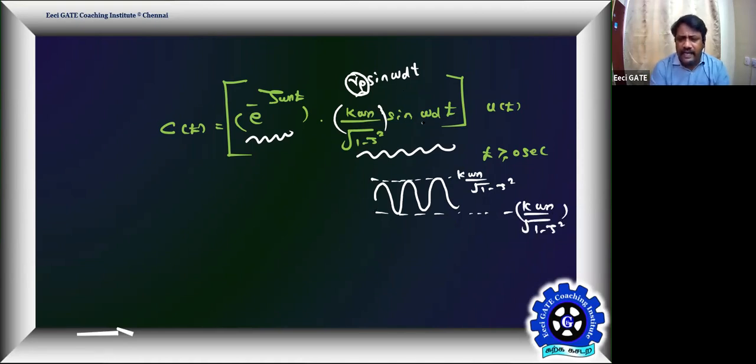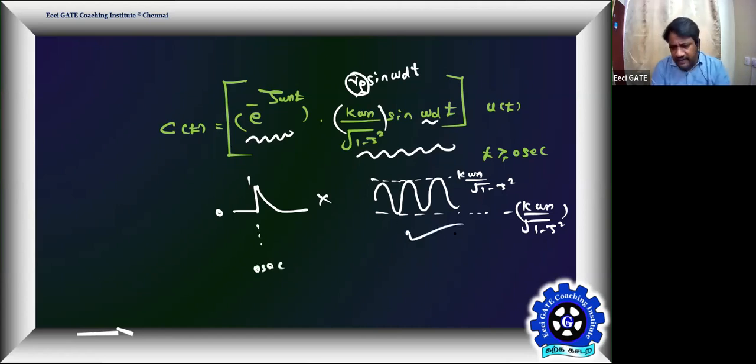Oscillations at omega t, that is this component, is multiplied with an exponential decay going from 1 at time t equal to 0 seconds. This is evergreen, always existing, but this one begins with a value of 1 and then decays to 0.